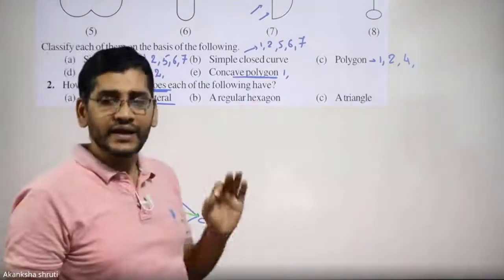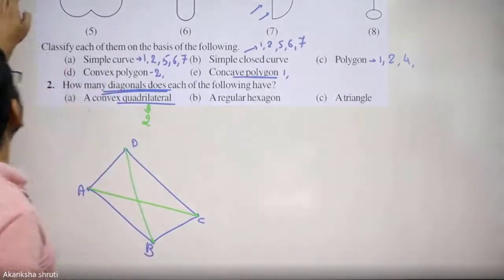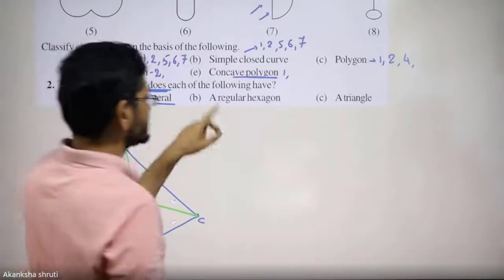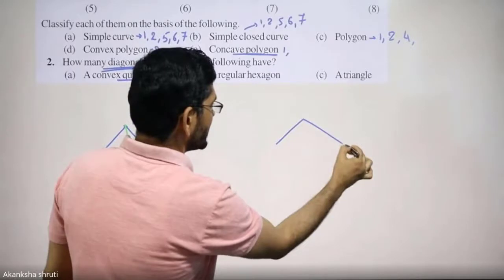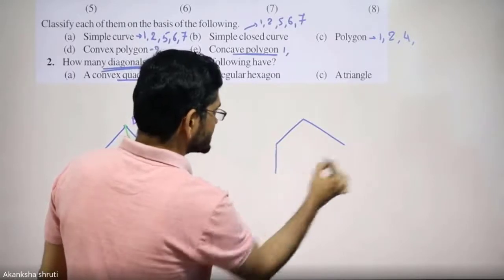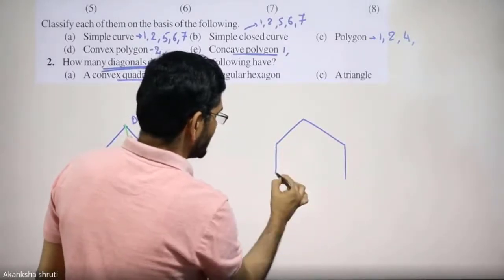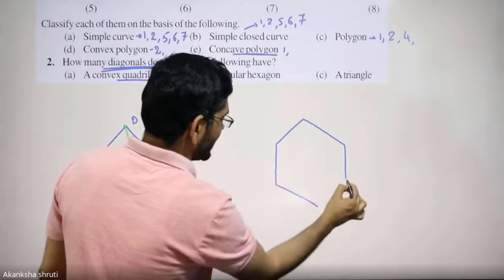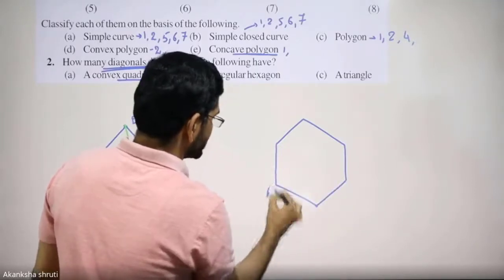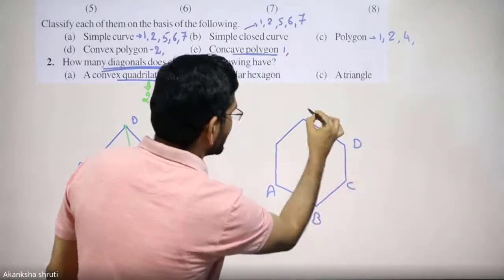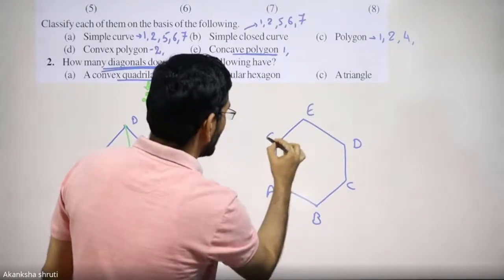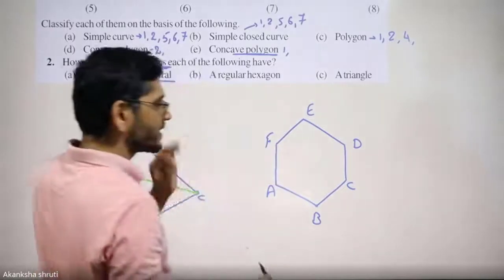Regular hexagon. We have to draw a hexagon, and regular means all the 6 sides are equal in length. Let us consider A, B, C, D, E, F as a regular hexagon.